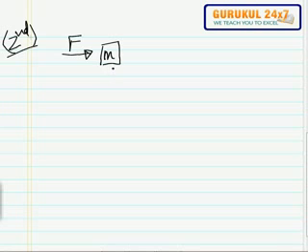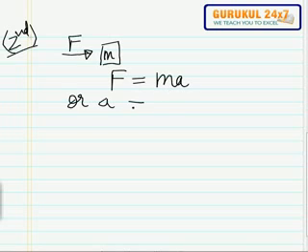So the second law states that if you have an external force, you've got an acceleration. The heavier the mass, the more the inertia, the more it will resist the change. So the more the mass, the lesser the acceleration, because the object is going to resist the change in its state of motion. Therefore, F equals ma, or you can say acceleration is the force divided by the inertia.